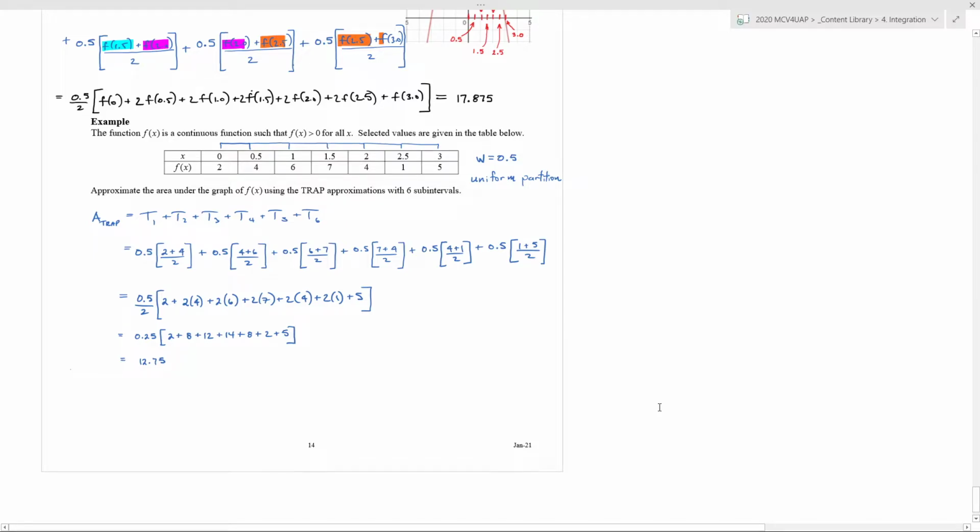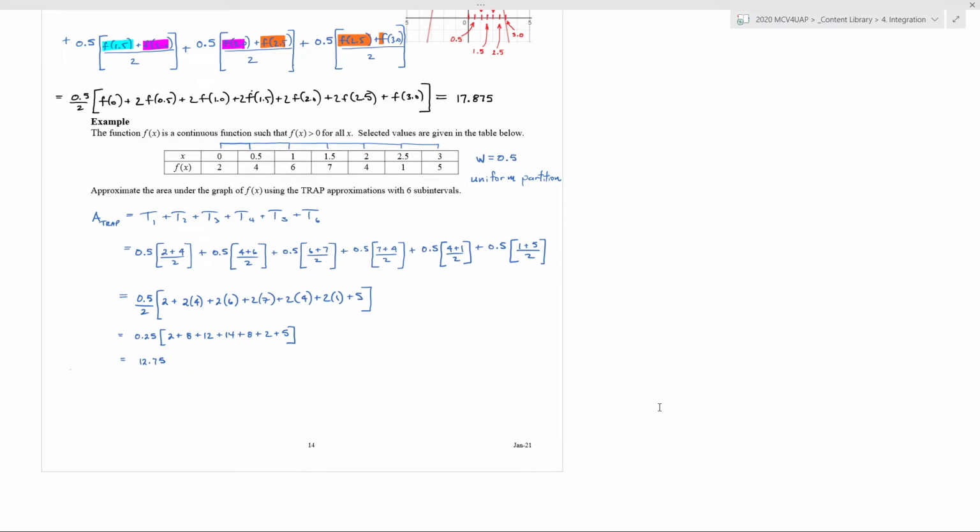Okay, so just to briefly summarize, to approximate the area under the graph, we know 4 methods now. 3 of them involve rectangles. 1 of them involves a trapezoid. For the same number of subintervals, the trapezoid is a better approximation than LRAM and RRAM.